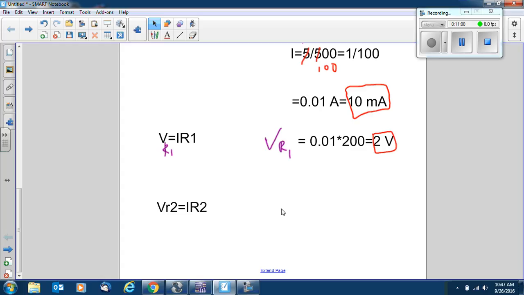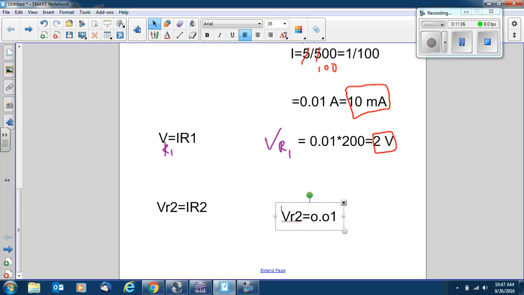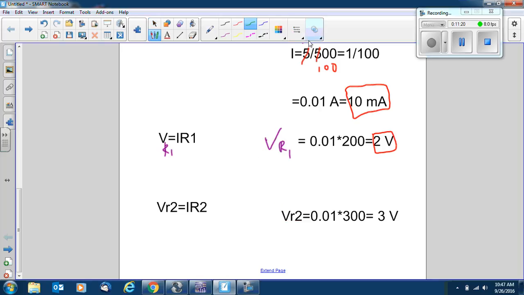Okay, I've got the formula. Now I'm going to use it. Once again, I get 0.01 times 300. And that gives me 3 volts. Notice once again that my volts are capitalized.